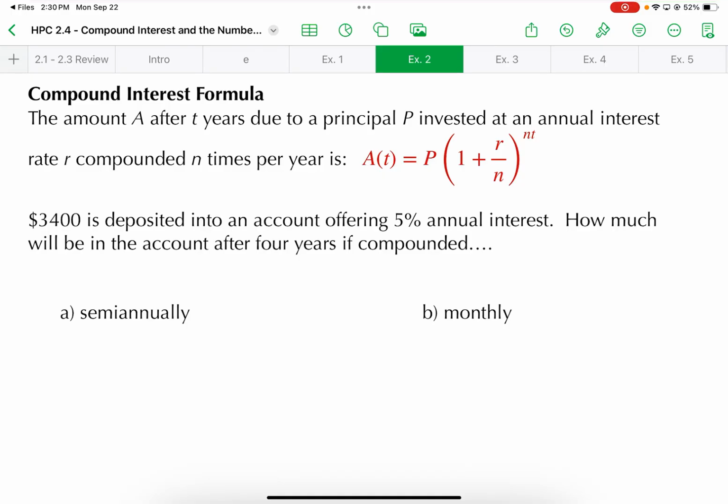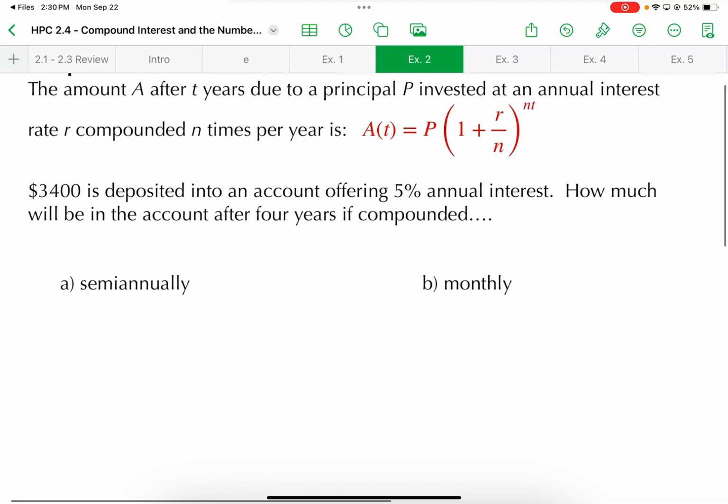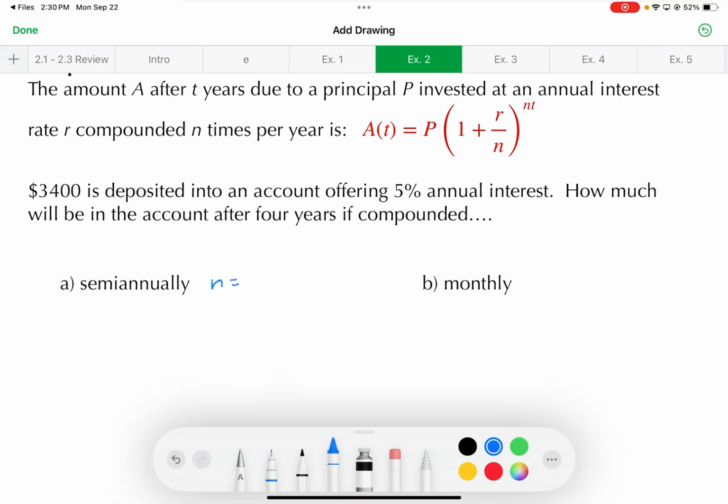Okay? All right, so let's say now we're taking $3,400 and depositing it into an account offering a 5% annual interest rate. What's going to be in the account after 4 years if we compound it semi-annually? What would N be in that case? Semi-annually. 2.